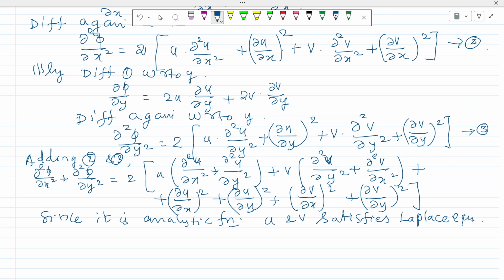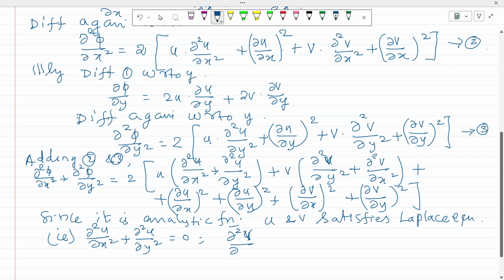So what is the Laplace equation? ∂²u/∂x² + ∂²u/∂y² = 0. Similarly, ∂²v/∂x² + ∂²v/∂y² = 0.